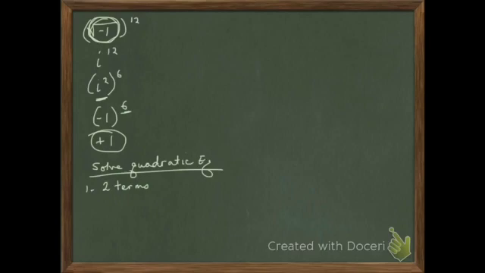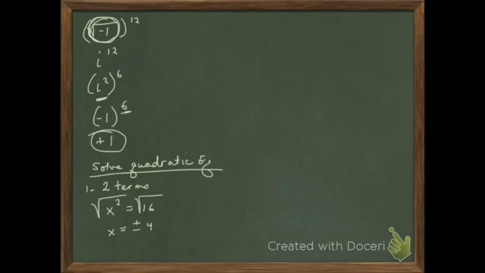So if I have x squared equals 16, I'm going to take the square root of this side and the square root of this side. That becomes x equals, and there's going to be 2 answers. So here I'm not just talking about the principal. This will be plus or minus 4.